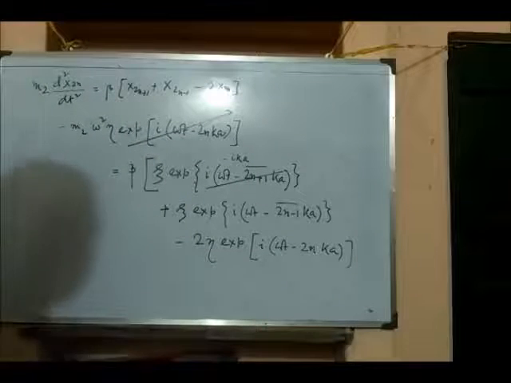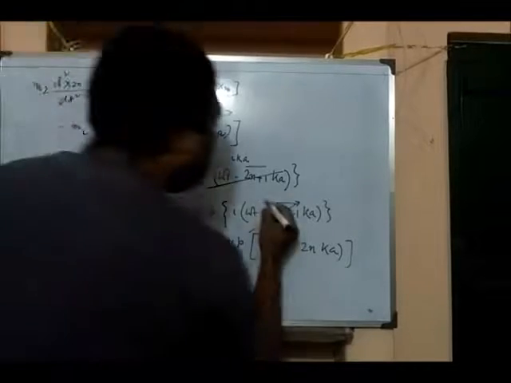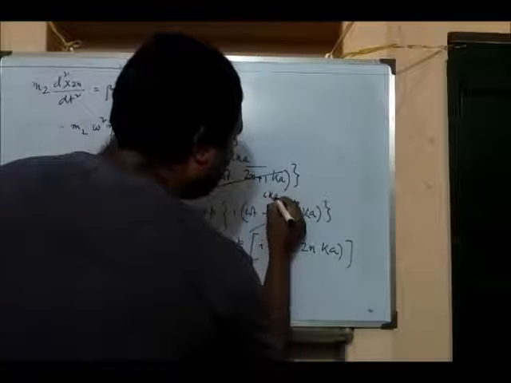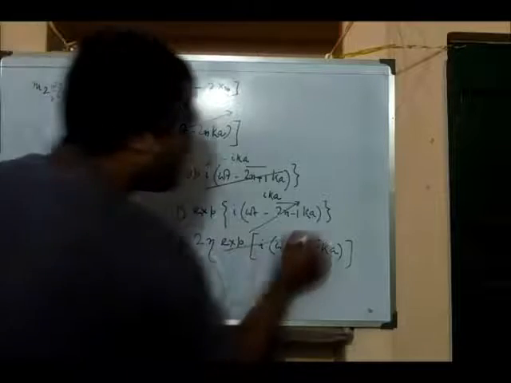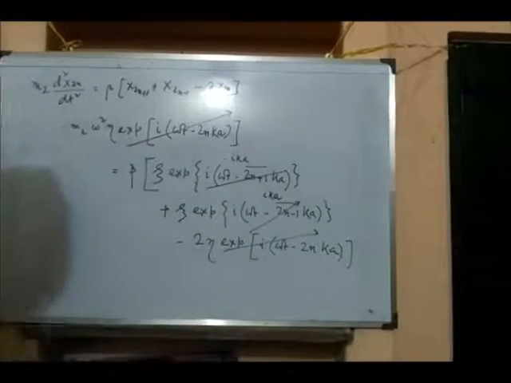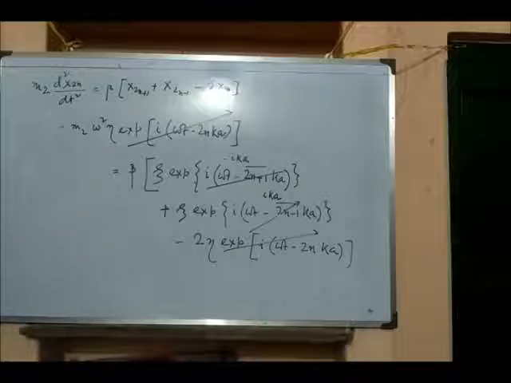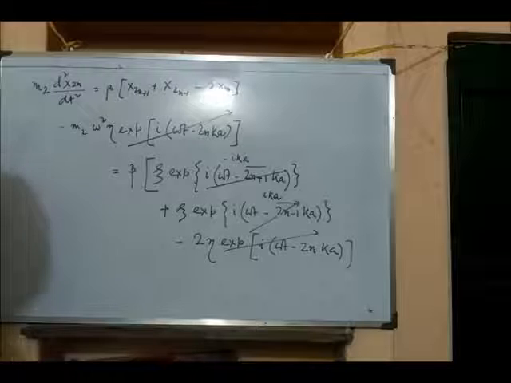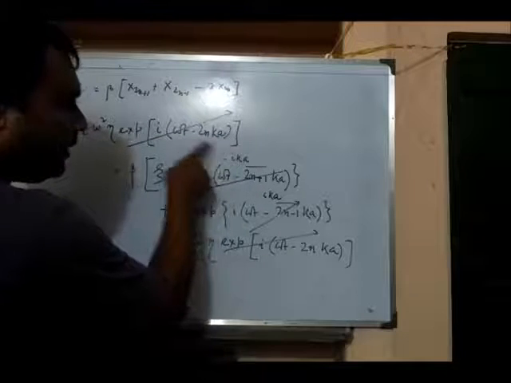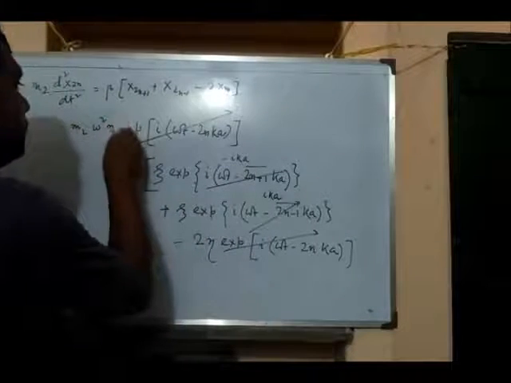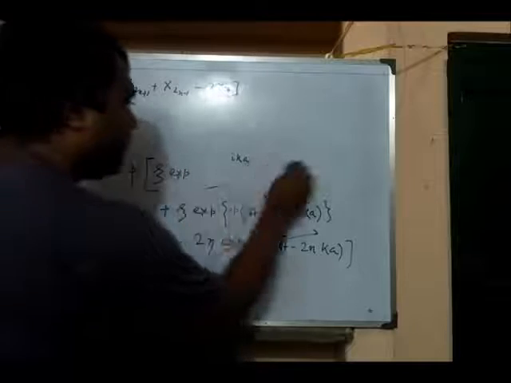Now if you remove this term, you will get plus ika, and this term is completely removed. So if you divide by exponential i(ωt − 2nka) on the right hand side, this term will disappear.